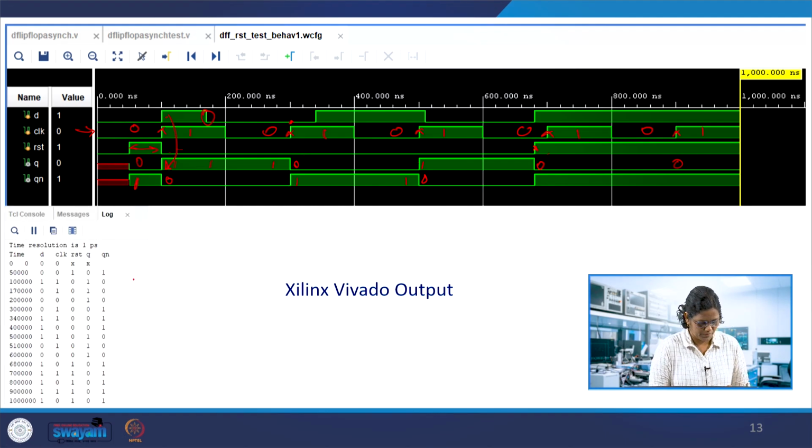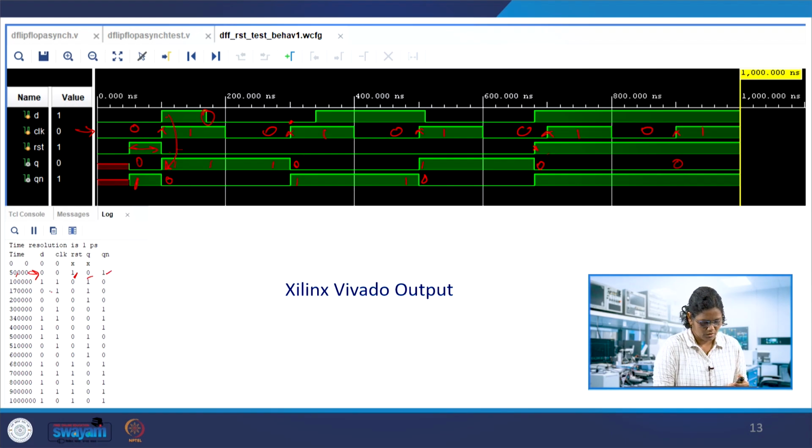So now the case of the log file, which is printing this whole behavior. At 50 here, D is 0 at this point, and then clock is 0, reset is 1 at this point, and then Q and Qn.